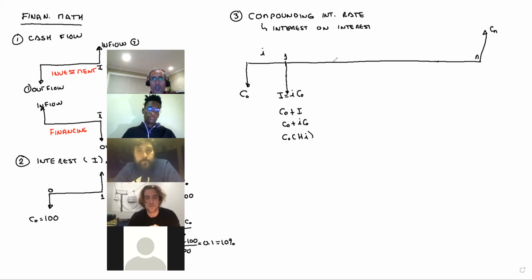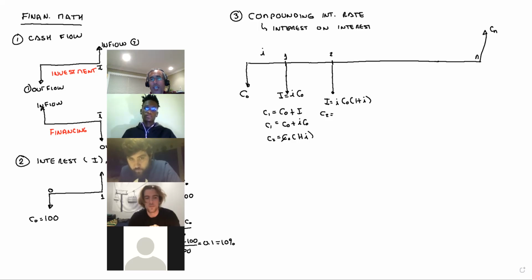Perfect. So let's go to the second period, and then you're going to understand how this works. Tell me what is the interest at this period. The interest is going to be I of all the money that I have at that period. I times C0, 1 plus I. Agree with me? So what is the final amount of money that I have at C1? And so this is C1. How much money do I have at period 2?